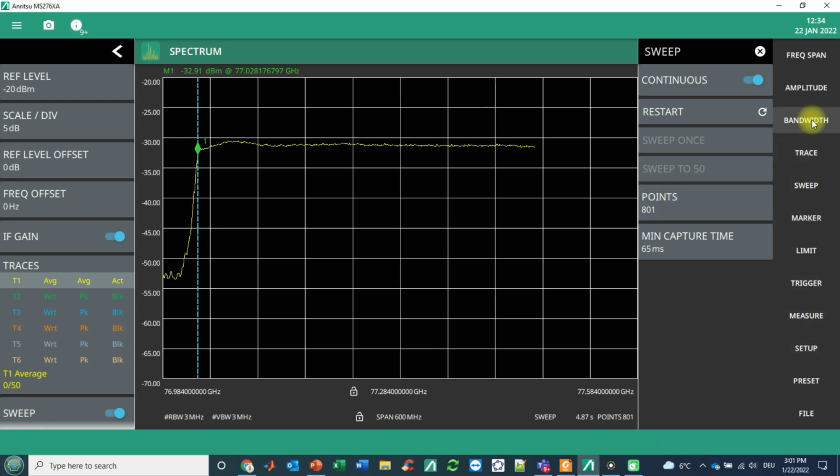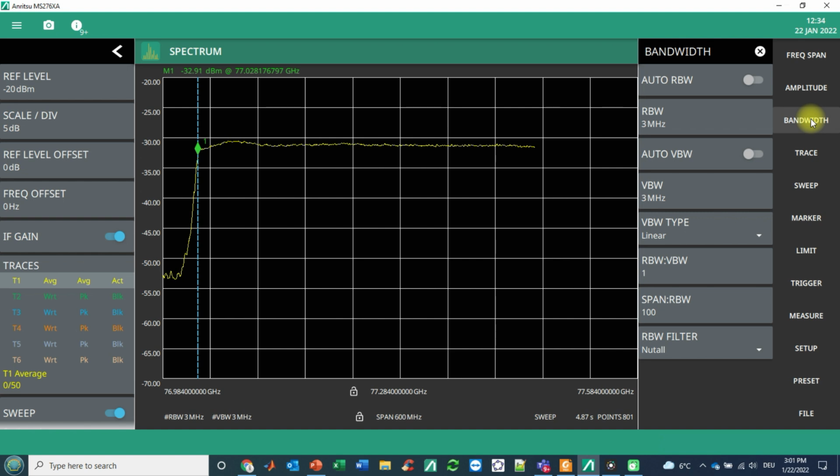Let's check here on the bandwidths what kind of resolution bandwidths we are operating: 3 MHz and also 3 MHz video bandwidth. And the VBW type is linear. This means we are getting here the linear average of the incoming power.